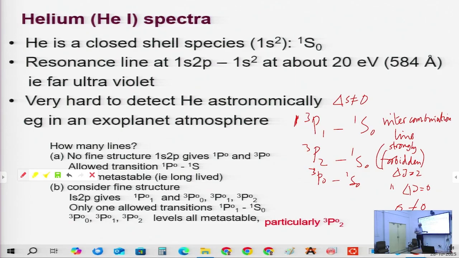So actually, of these 3 fine structure components, only one of them is an intercombination line. And the other 2 will probably decay. I'm sure there are routes to decay, but in reality they decay even by just having a collision that converts them into the one that's allowed. Cool.